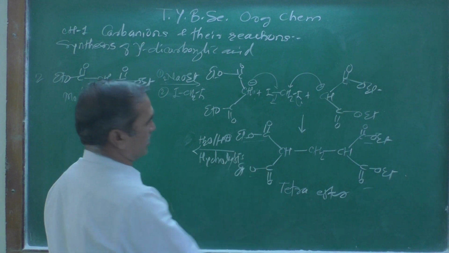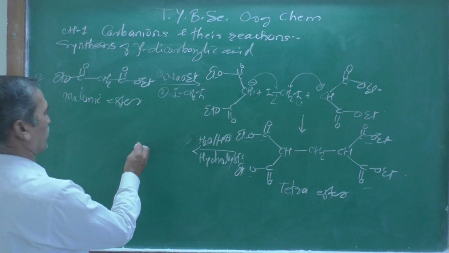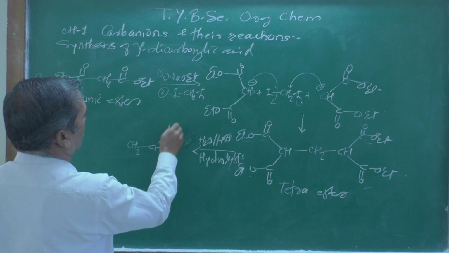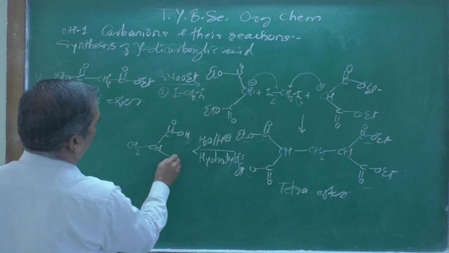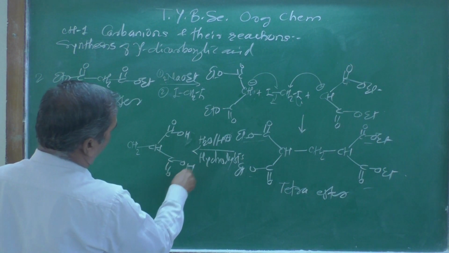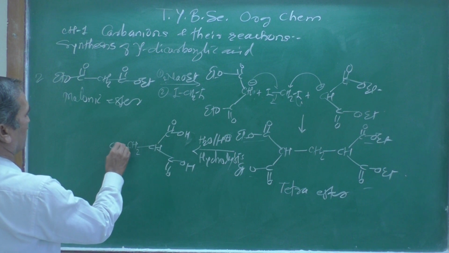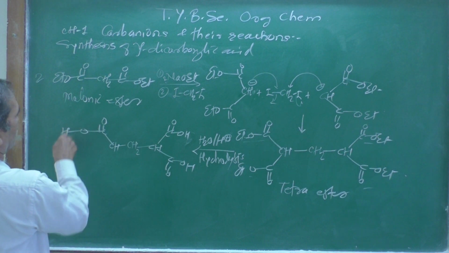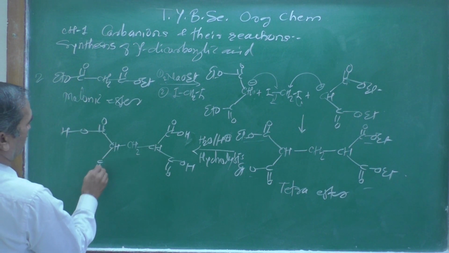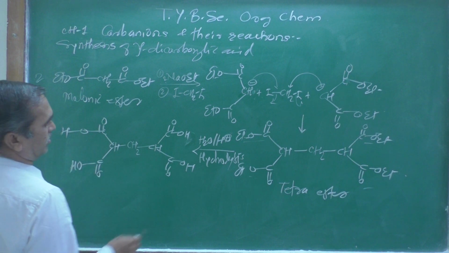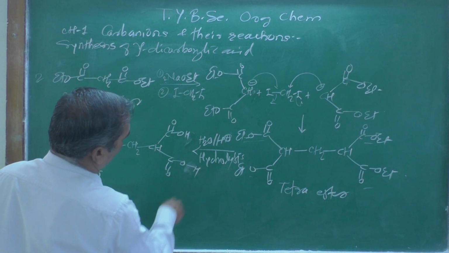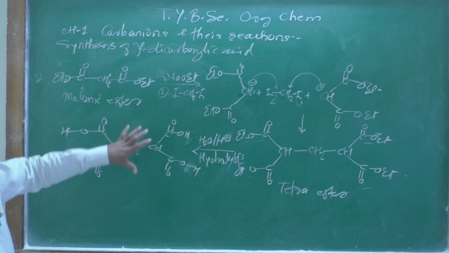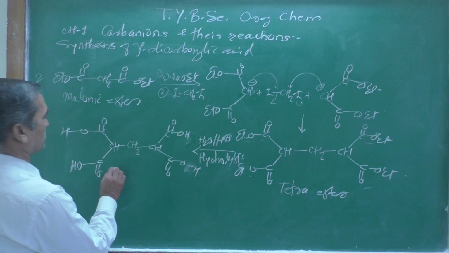The ester group gets converted into acid, and you are going to get CH2, then CH, C double bond OH, here C double bond O and H, and on this side also CH, then C double bond O, OH, then C double bond O and H. I am writing it this way so you can see the 4 clearly, and therefore it is called a tetra acid now, right?